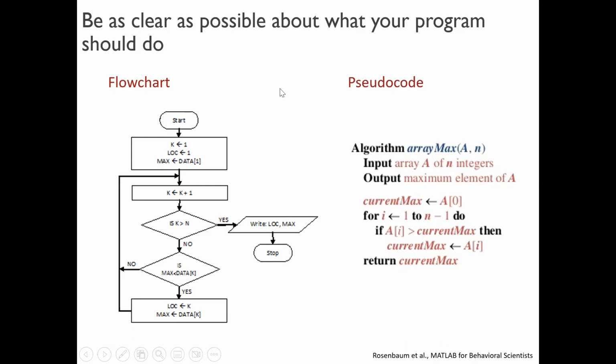You may see online, if you ever decide to do a search about developing algorithms, or you might actually see this in papers that you read. Sometimes algorithms are written as pseudocode, and what that means is this is a definition of your algorithm and the steps that you need to perform, but this is not code that you could sort of copy and paste into a program to run.